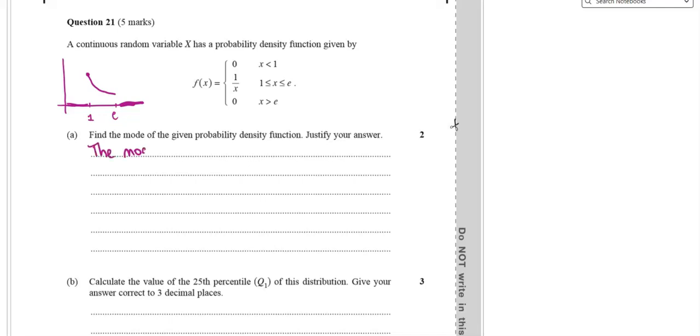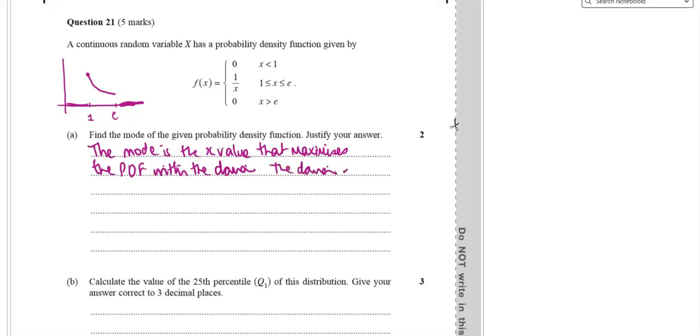So the mode is the x value that maximizes the PDF within the domain. The domain is x between 1 and e.